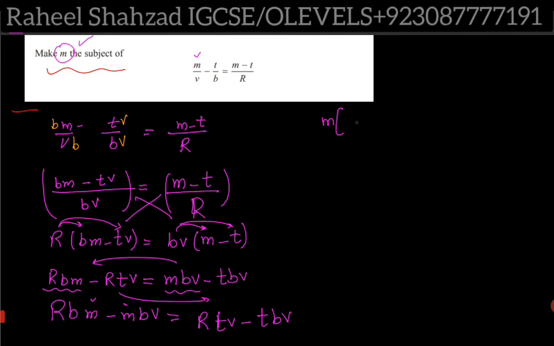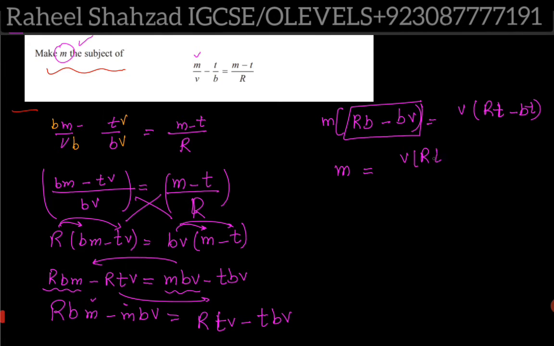So if we take m common, it's rb minus bv is equal to, well, you can take v common if you wish, v times rt minus bt. Okay, and then we need to divide this whole term on the other side. So m is equal to v times rt minus bt divided by rb minus bv.